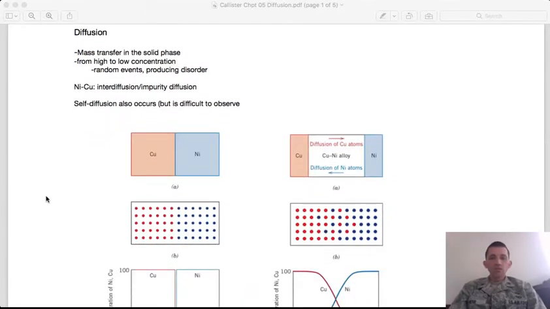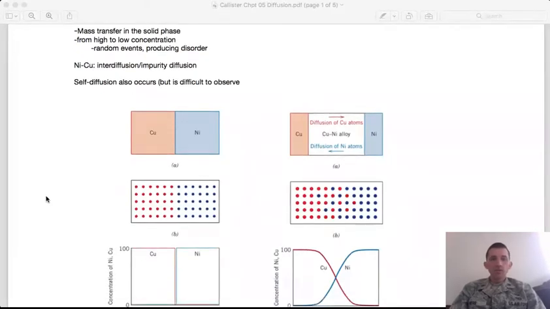Diffusion occurs through random events, and so generally you get the production of disorder from order.